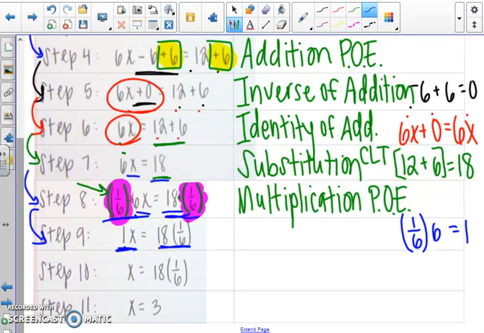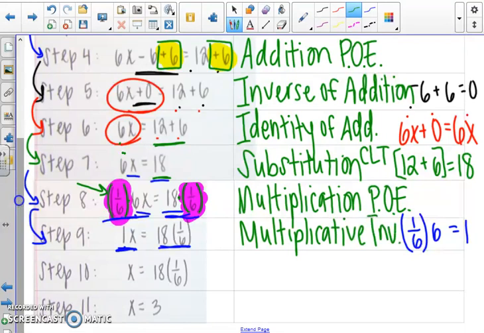How are 1/6 and 6 related? Well, they're inverses of each other. They're multiplicative inverses. They're reciprocals. So this is the multiplicative inverse. I'm going to abbreviate because I ran out of room. Multiplicative inverse. You could also say inverse of multiplication.